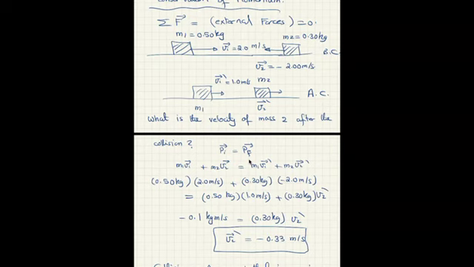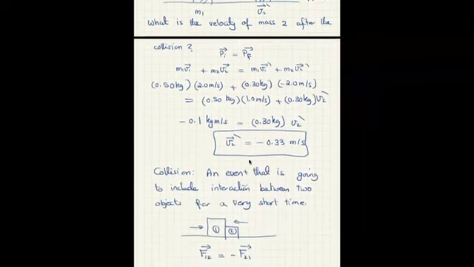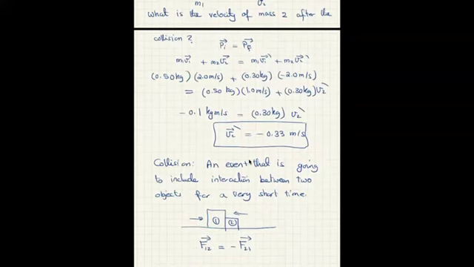And I will be able to solve for the velocity of the second object as -0.33 meters per second. Then that object is going to move to the left at 0.33 meters per second.